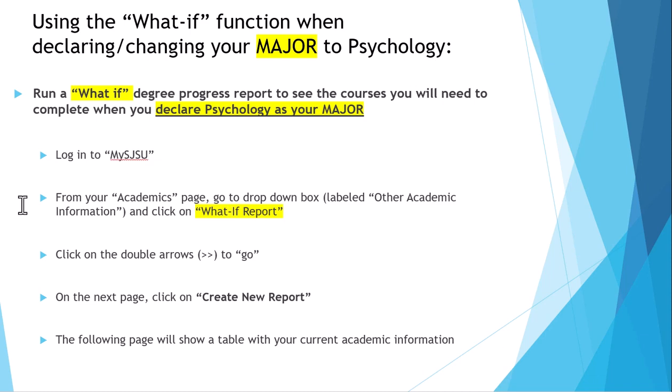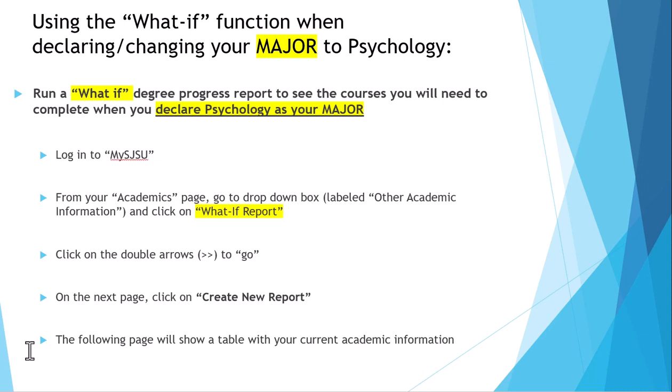Once you've chosen the What If report, click on the double arrows, and that will start generating the report. On the next page, click on Create New Report. This will show you a new page with a table containing your current academic information.